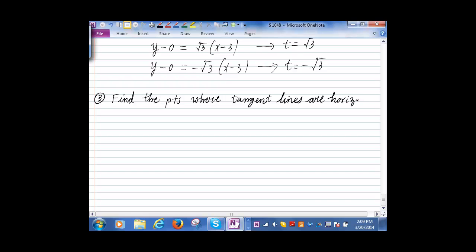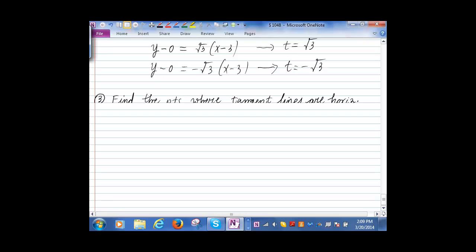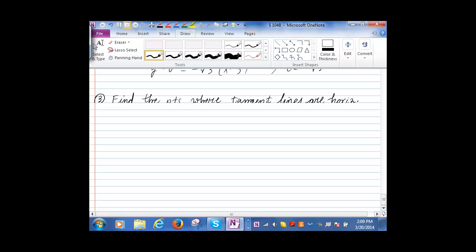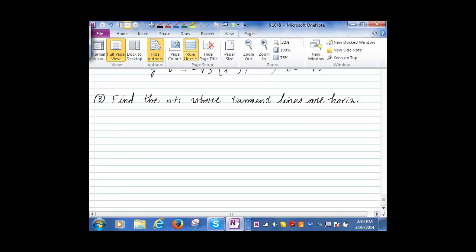Where the tangent lines are horizontal. How would I find that? Anyone? Yeah, so you want to find the points where the derivative would be 0, right?